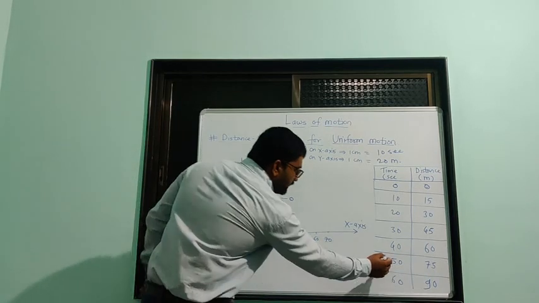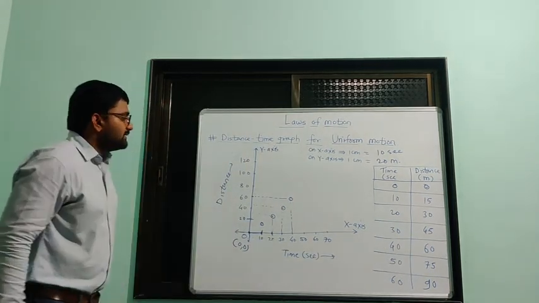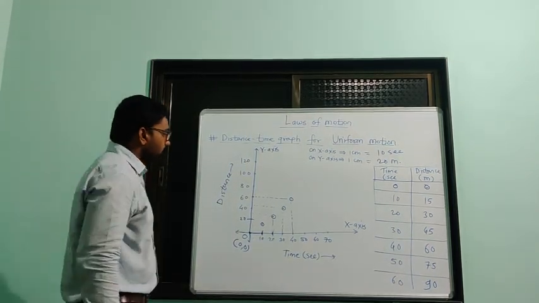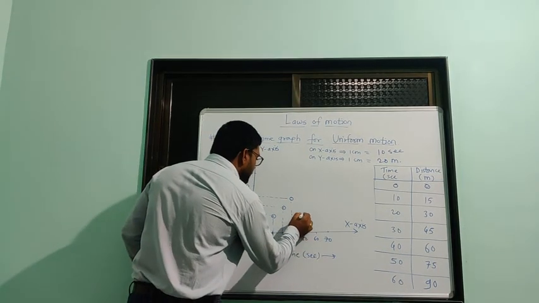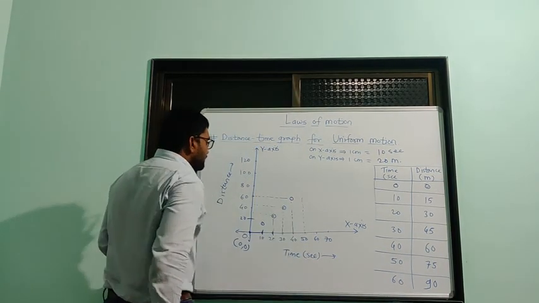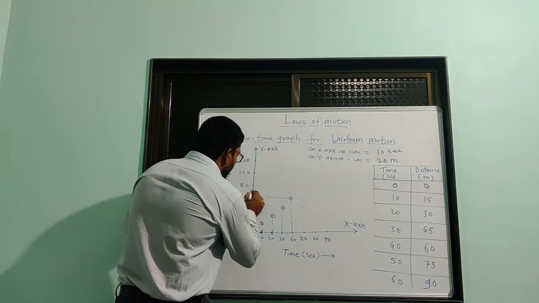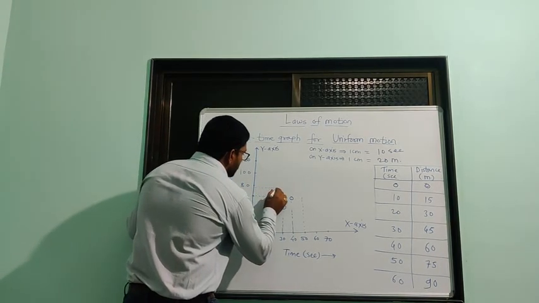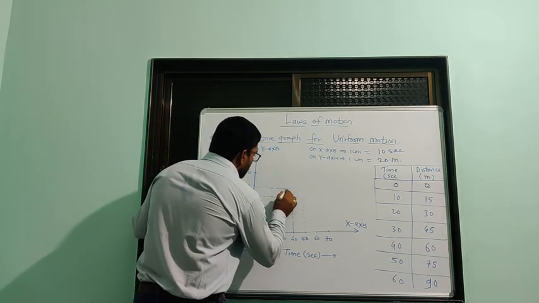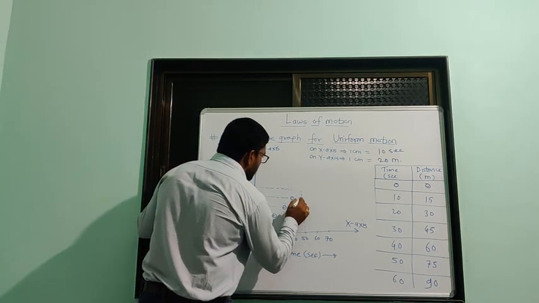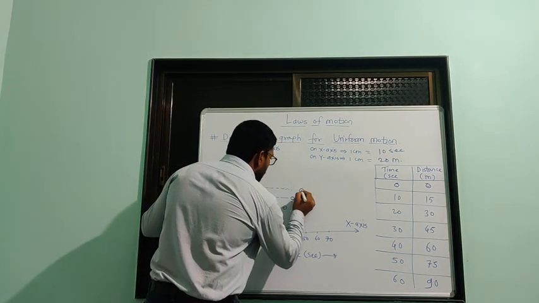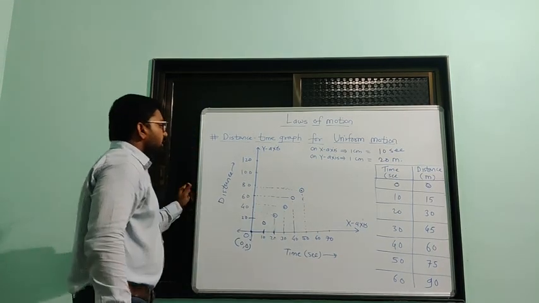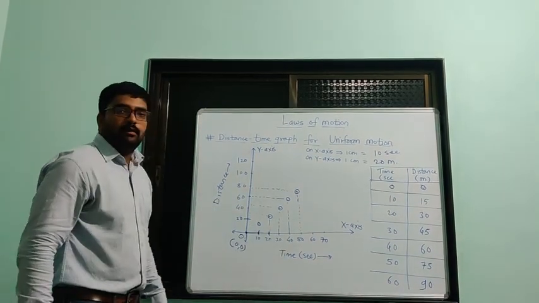Next, after 50 seconds our distance is how much? 75. At 50 seconds our distance is how much? 75. Here will be 70, in between 70 and 80. Suppose somewhere here will be our point, that is 50, 75.